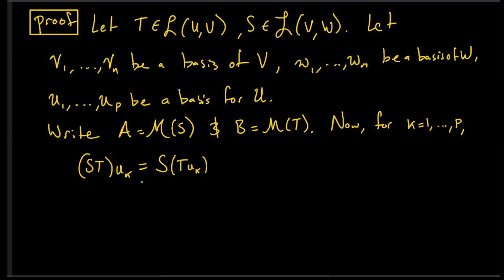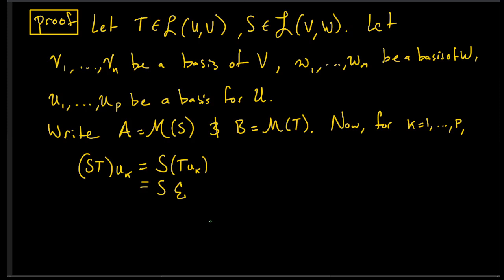Okay, but hey, ST of Uk, well, this is just S of, now I just have to write the definition of what this matrix is. You just take the kth column of this matrix, that's the coefficients, to write T Uk as a linear combination of V1 through Vn.